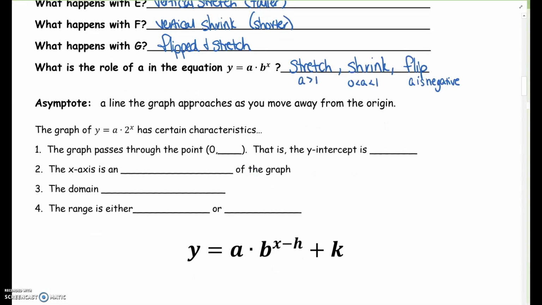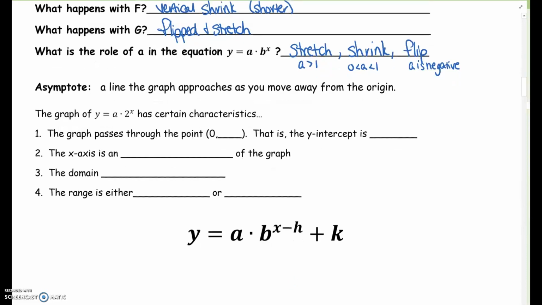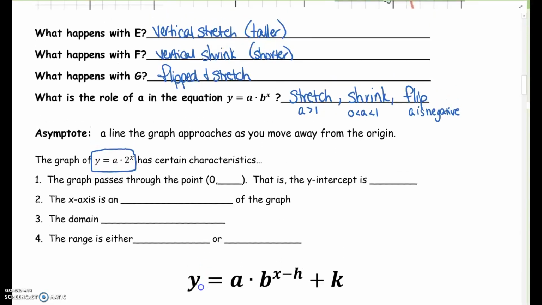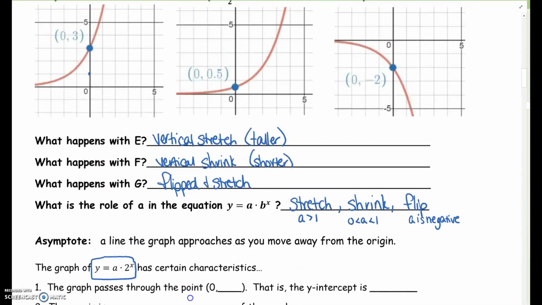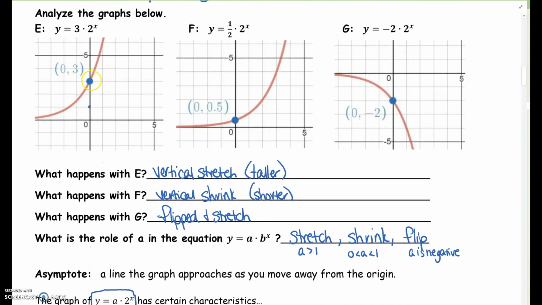Okay, let's talk about some specific characteristics. The graph of A times 2 to the x has certain characteristics. So you might want to outline that this is the equation that we're talking about. Take a look at E, F, and G. In E, the y-intercept is 3.